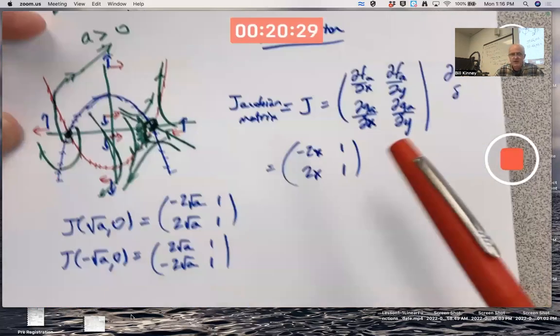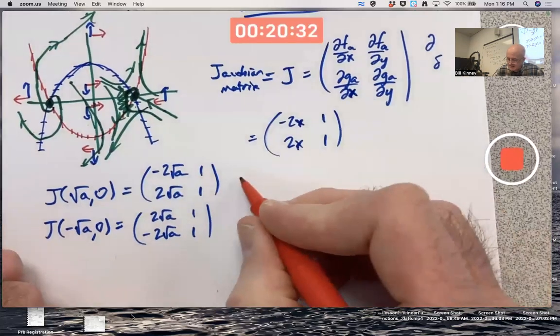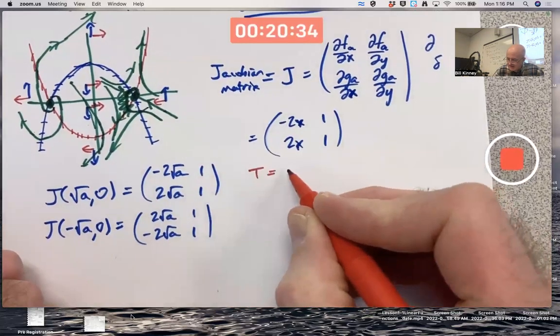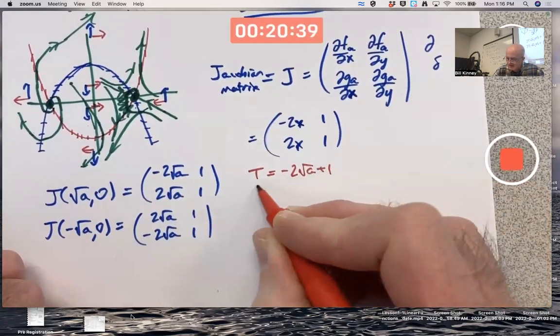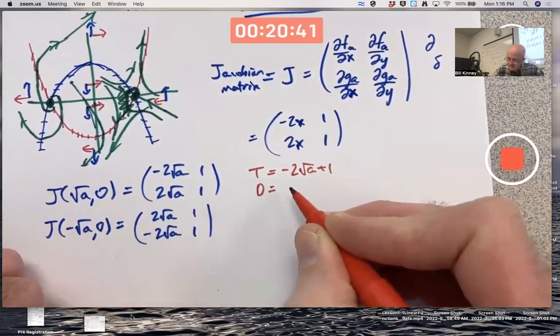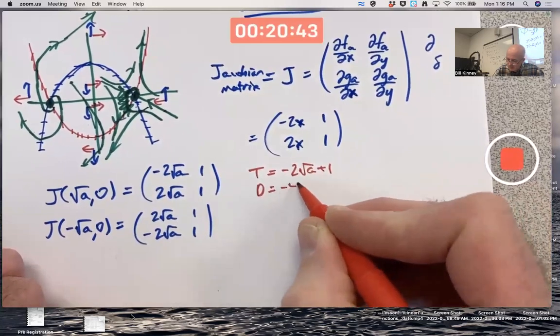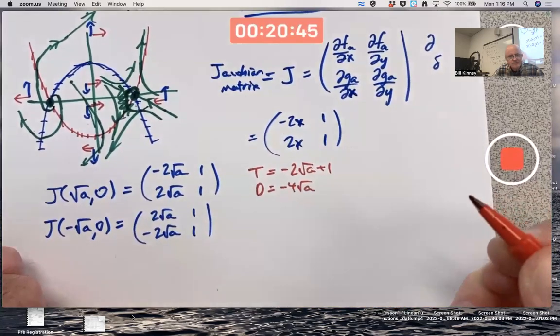The trace determinant plane is the quickest way to see that. This matrix has a trace of negative 2 root a plus 1 and a determinant of, looks like it would be minus 4 root a. Right, double check that in your head.